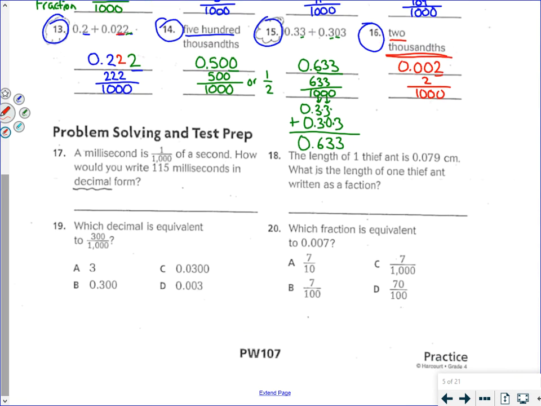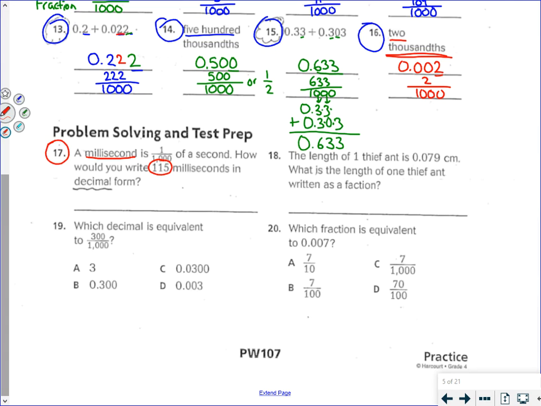We'll do this one together. A millisecond is 1/1000th of a second. How would you write 115 milliseconds in decimal form? If 1 is 1/1000th, how many would 115 be?